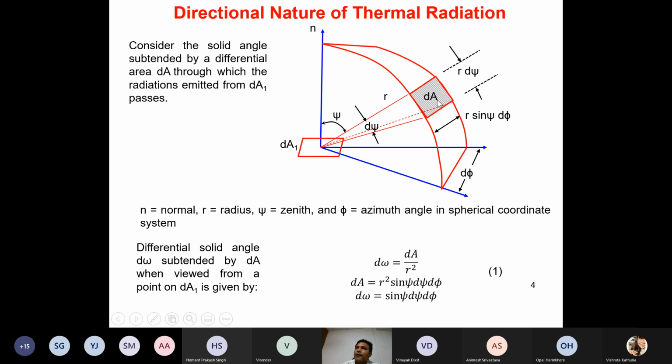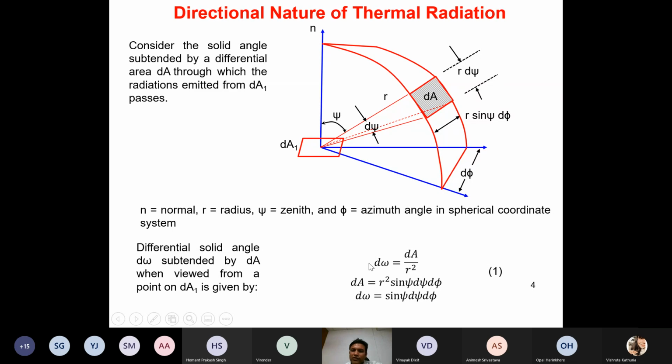From the spherical coordinates, this width is going to be r sine psi d phi, whereas this particular thickness is going to be r d psi. So in this case, the differential solid angle d omega subtended by dA when viewed from a point dA1 is given as dA by r square. That is the distance between these two areas and the surface area dA.